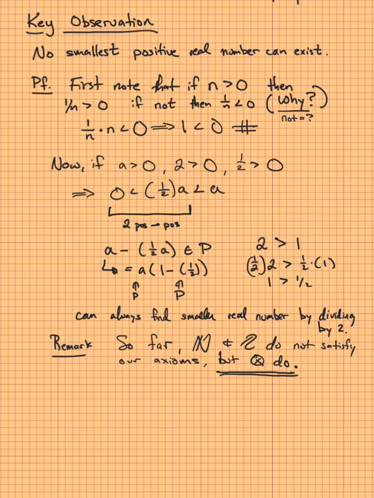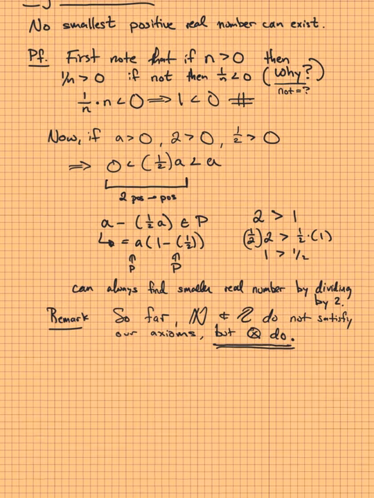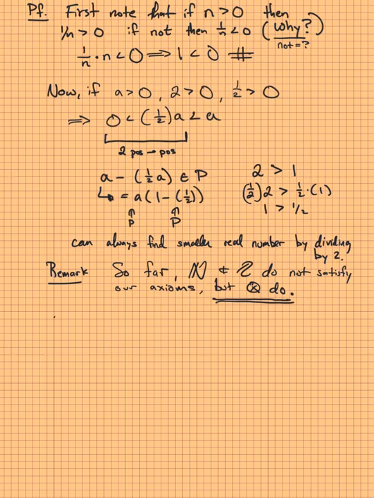Okay, so let me give one additional corollary, which is useful to show that something is equal to 0. If a is in R such that for every epsilon greater than 0, we have that 0 is less than or equal to a, which is less than epsilon, this implies a is 0.